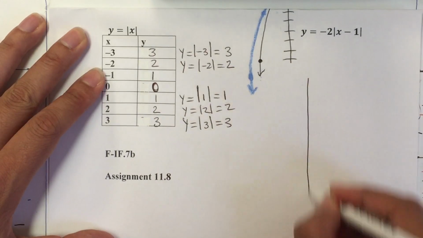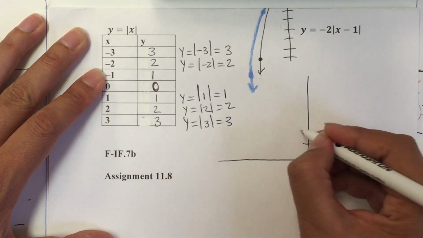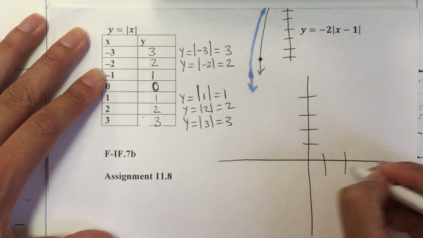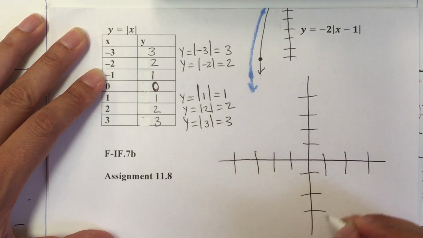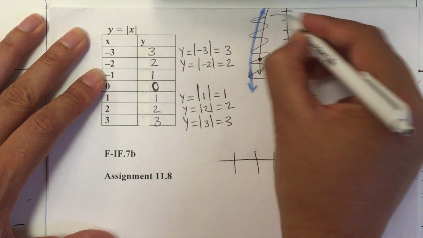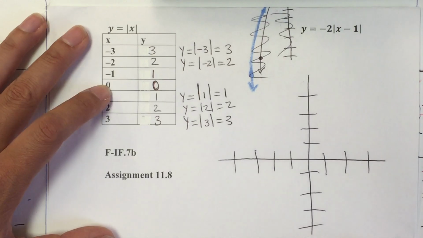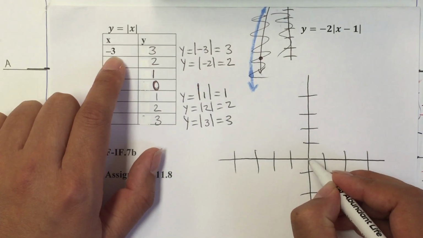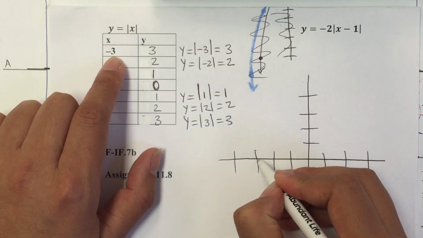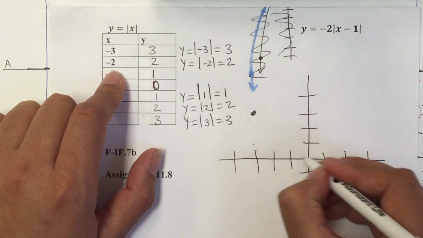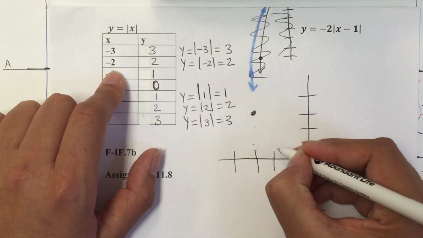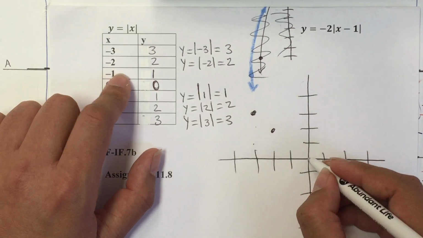Okay, so my mother graph will look something like this. Again, just discard this, don't pay attention to it. And so we start with negative 3, positive 3. That's my first point. Negative 2, positive 2.